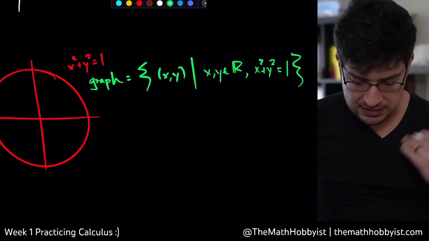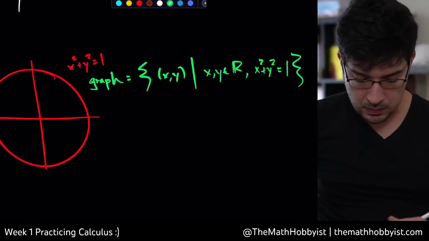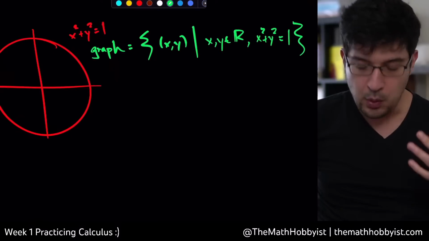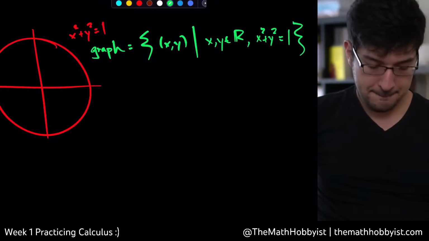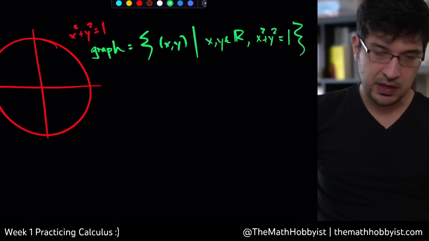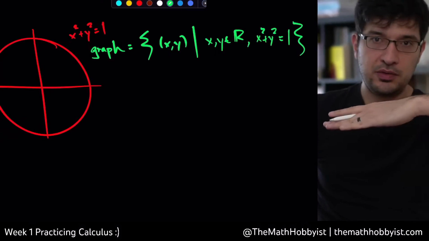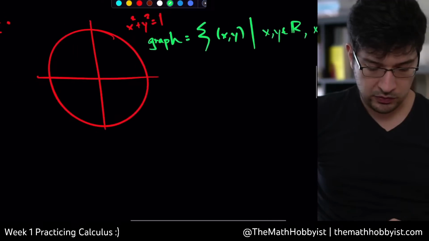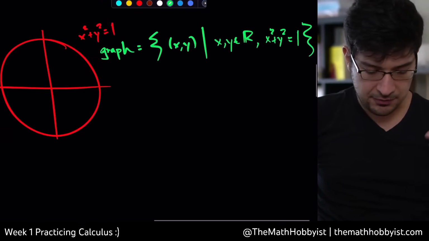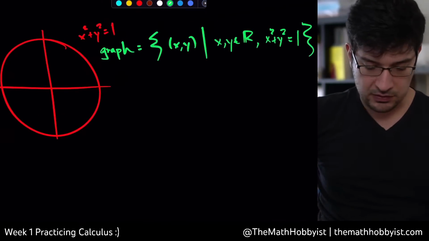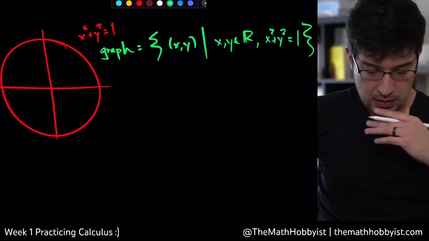So this is a set of points. And it doesn't satisfy a vertical line test or a horizontal line test. So it is not a function, it is a graph. It's a collection of points.